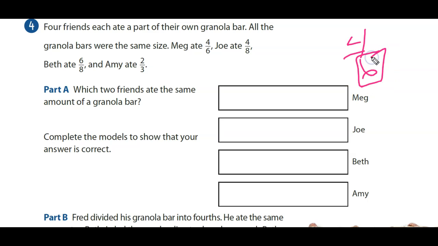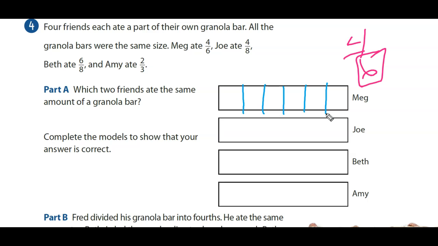How many sections altogether do I need to divide Meg's granola bar into? 6. So how many lines do I need to use? Try to spread them out evenly.